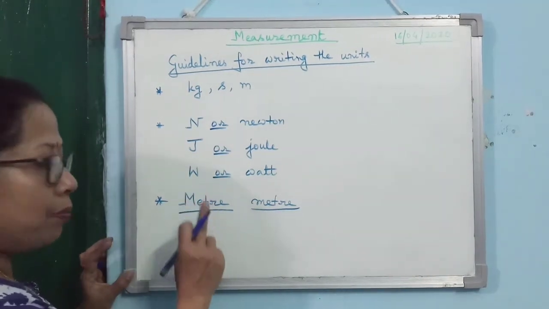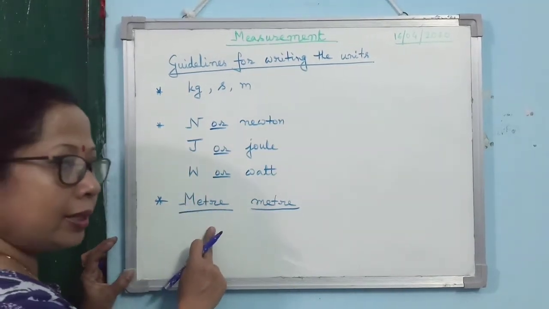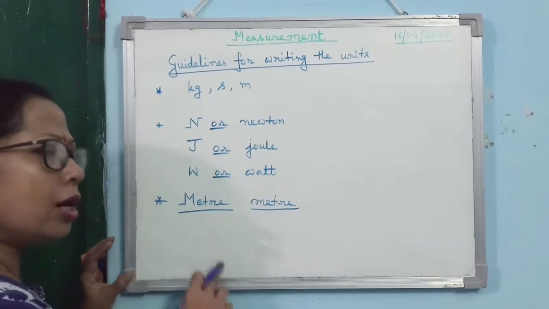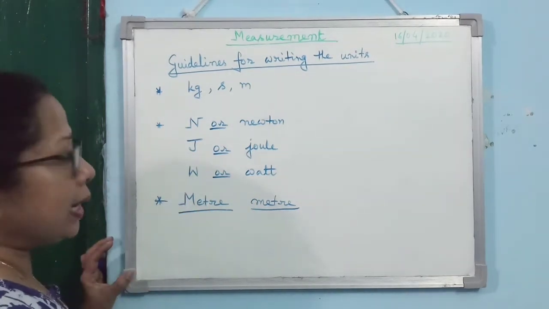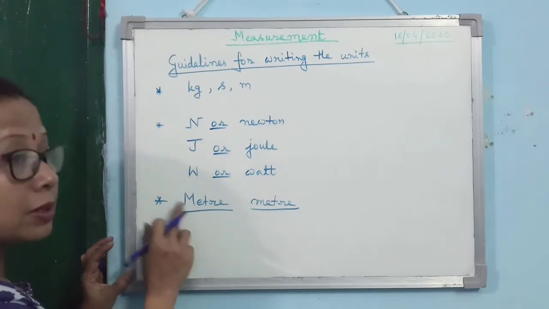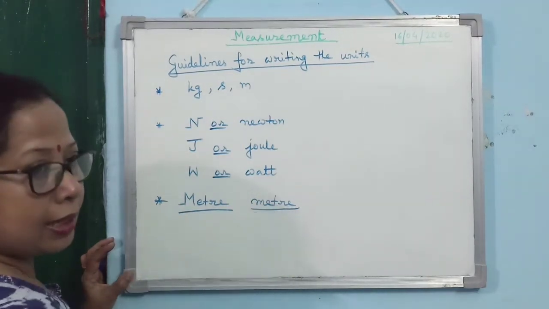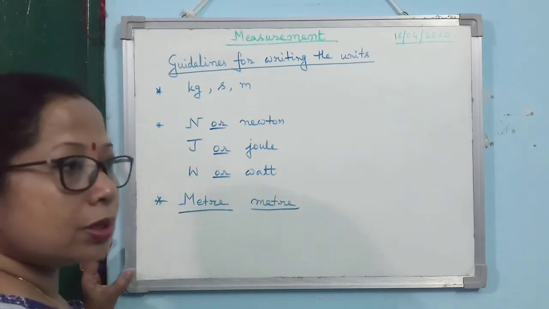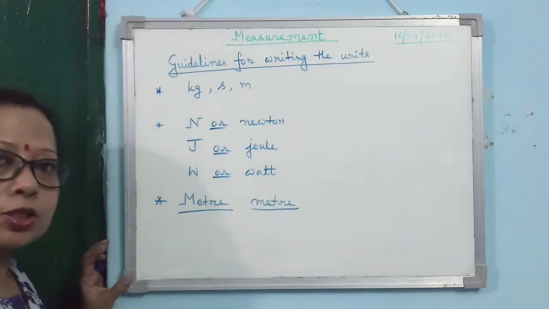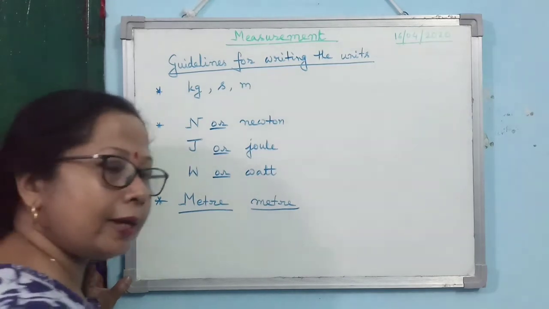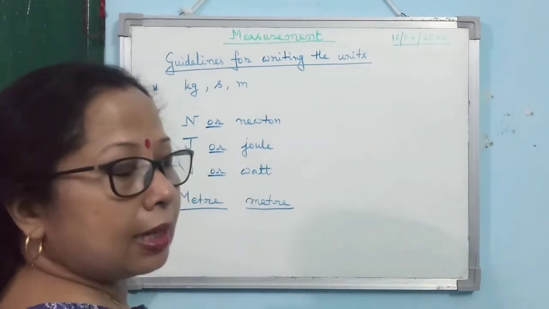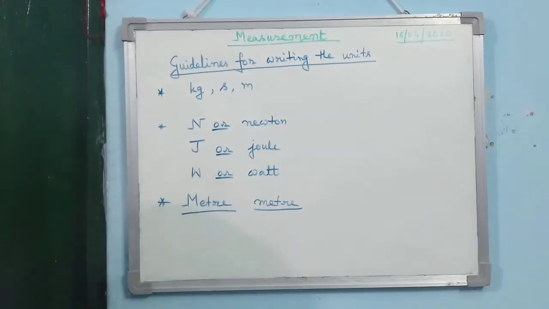In this case, it may be a unit named after a scientist, or only a name, but we never start with a capital letter. We write metre in small letters. Kilogram, when we write, we never use a big K. We start with a small k. Second, when we write it, S should not be capital, S should be small.